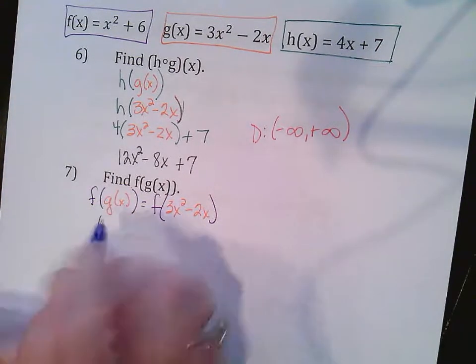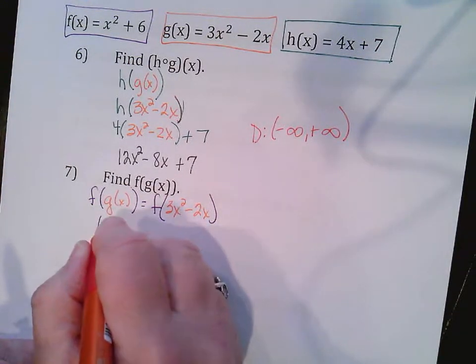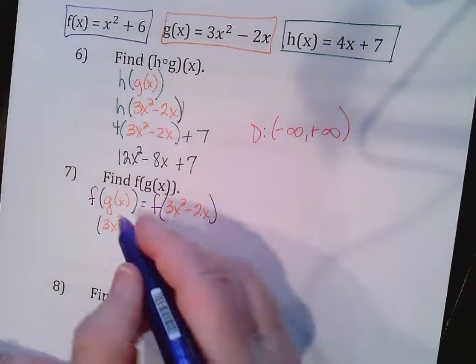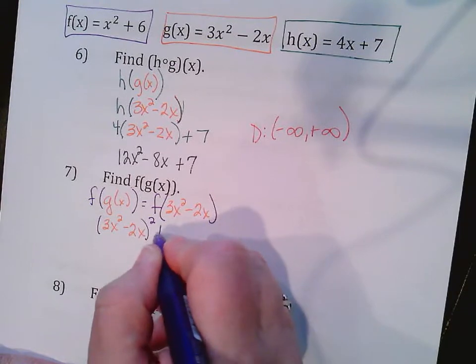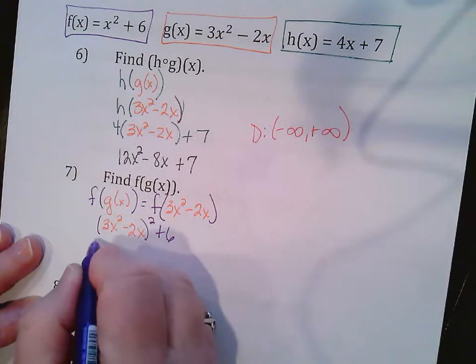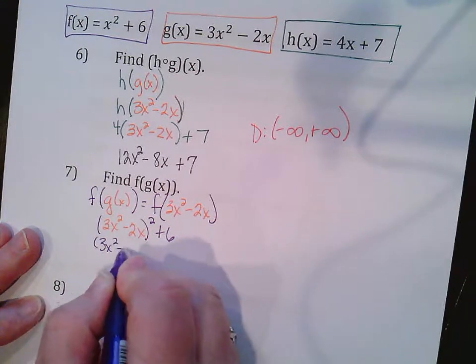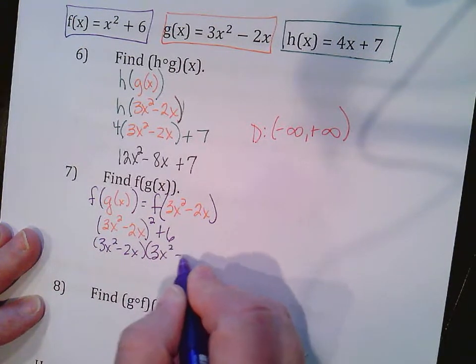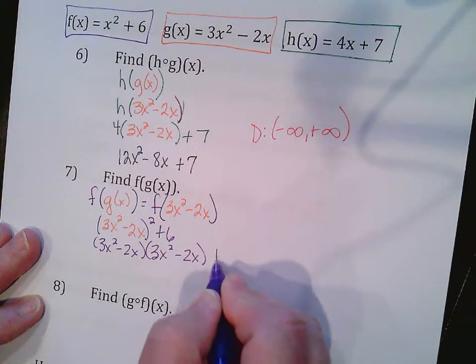So I've got my x squared, so I've got 3x squared minus 2x, and that's going to be squared, plus 6. That's my f function. That means I've got 3x squared minus 2x times 3x squared minus 2x plus 6.